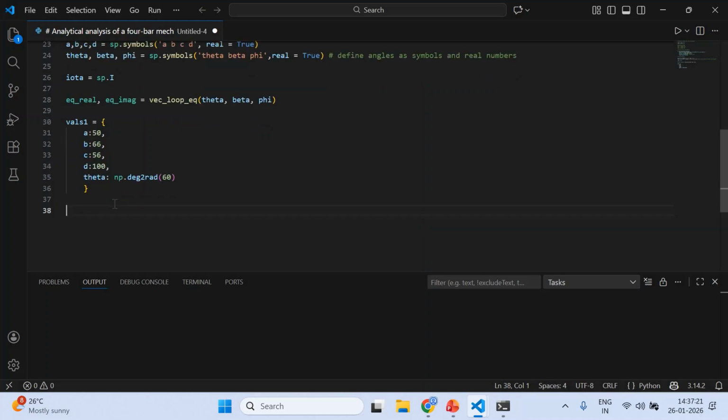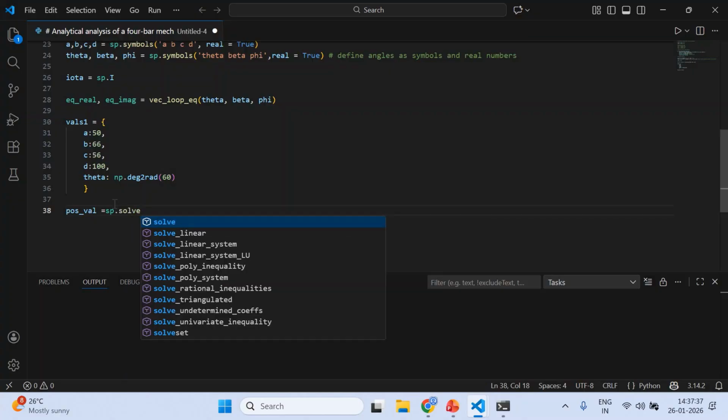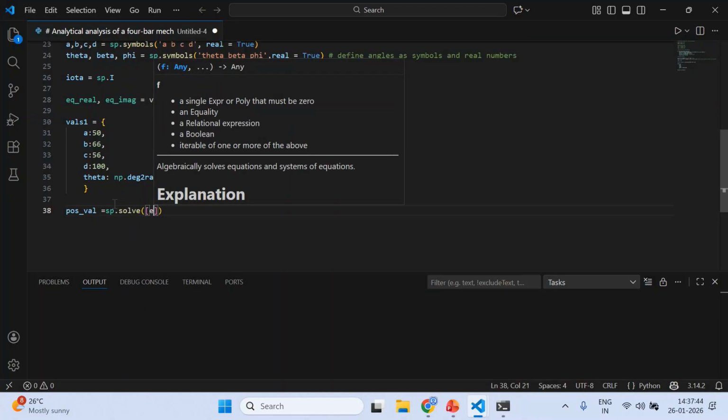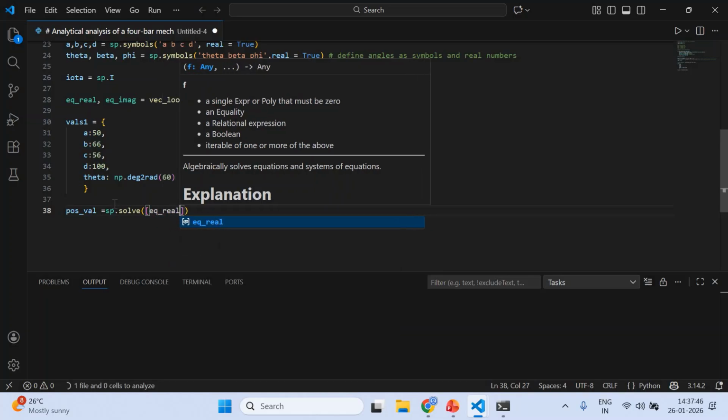Now after the values and the equations are defined, let us solve this. For solving, I am using the sp.solve command from the Sympy library. First I will substitute these values.